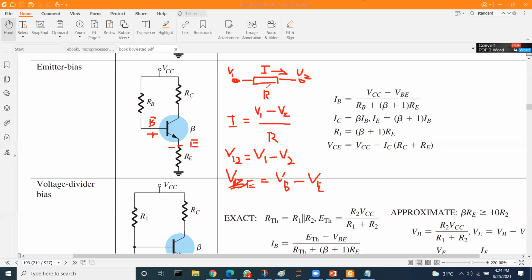So this is one important result from Ohm's law, which also links with the potential difference between two points.